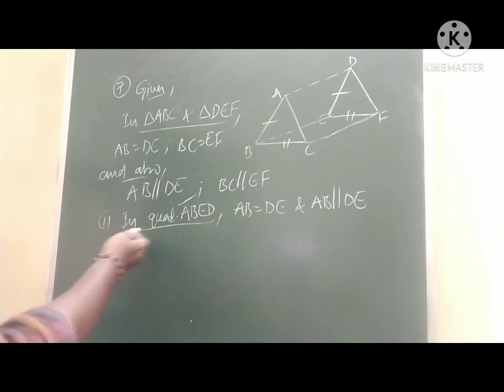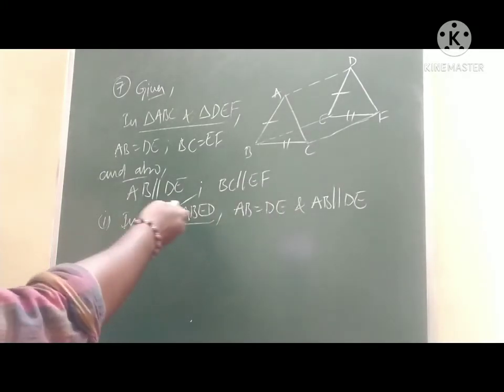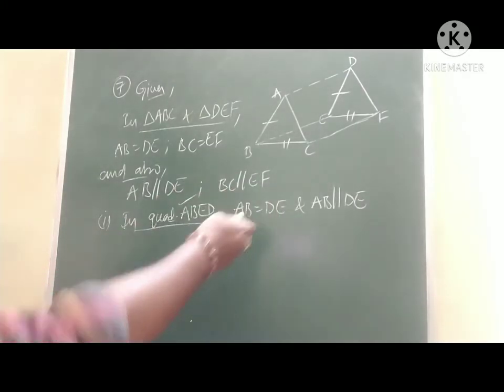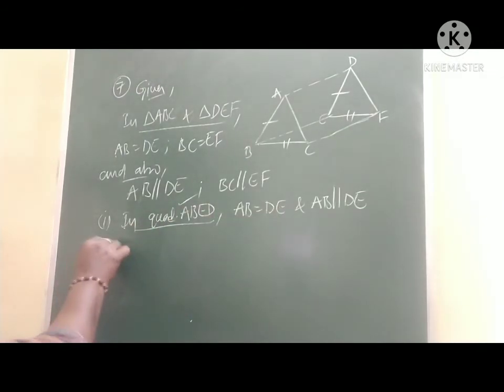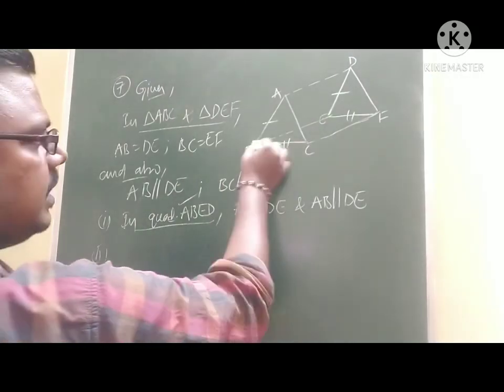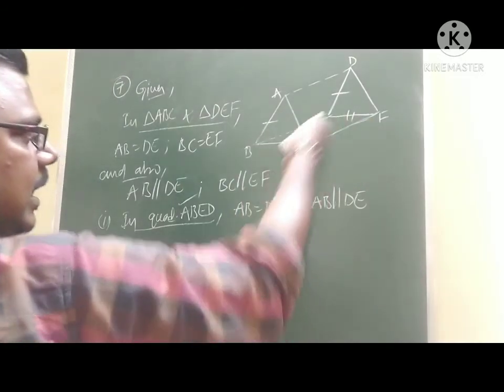So you better write the conclusion that therefore, since in a quadrilateral one pair of opposite sides is equal and parallel, then that quadrilateral is a parallelogram. That's it. Similarly in the second one, BCFE is a parallelogram.